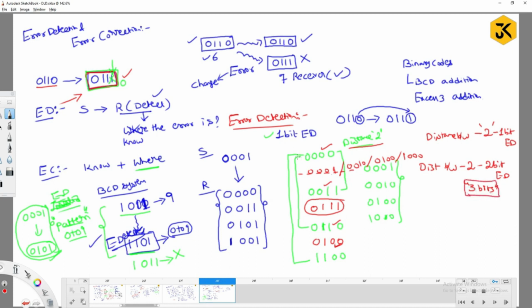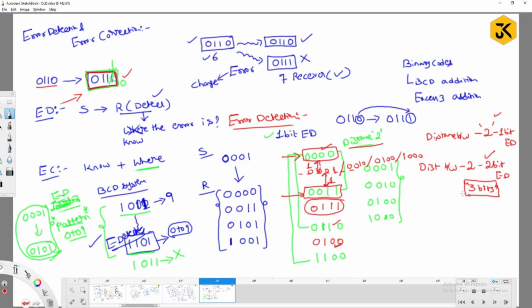If you would like to find out 1 bit error detection, what is the distance between these two? Compulsorily this is 1 and this is 1, so 2 bits. Similarly, for 2 bit error detection, you compulsorily require 3 bit distance.